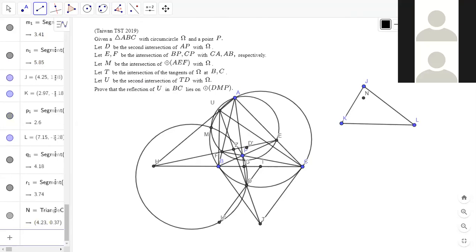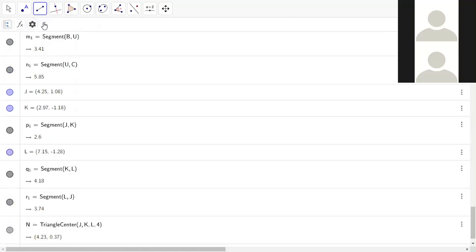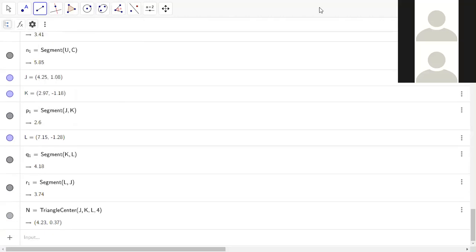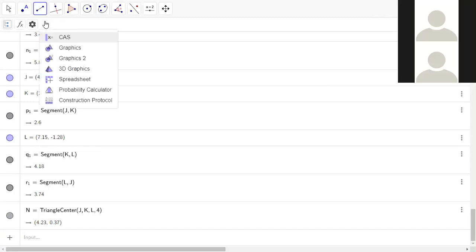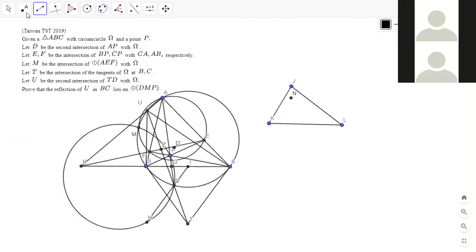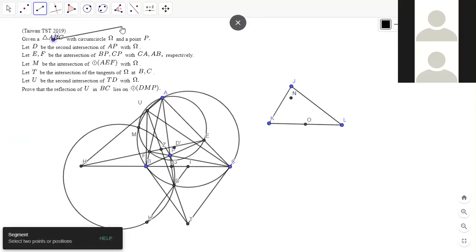N is the orthocenter of that triangle. Sorry about that. Trying to close it. Oh no, what just happened here? Just want to get rid of this. There we go.